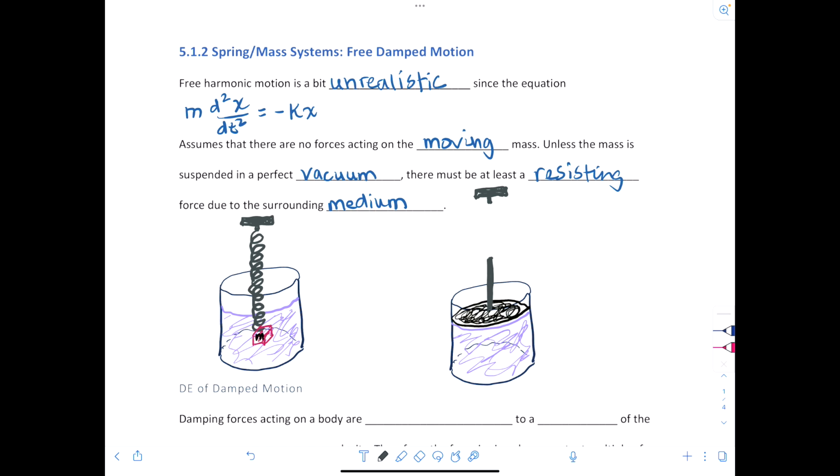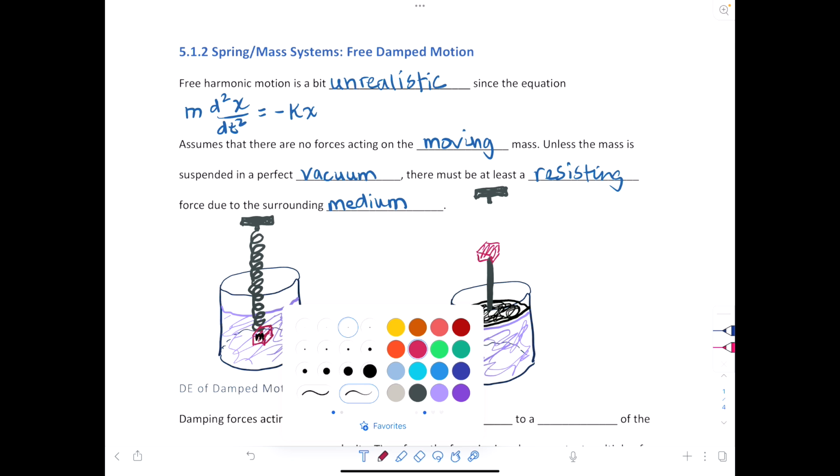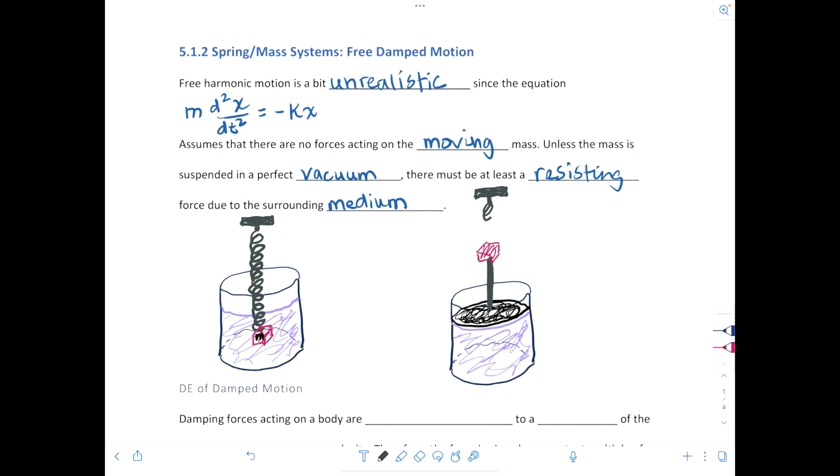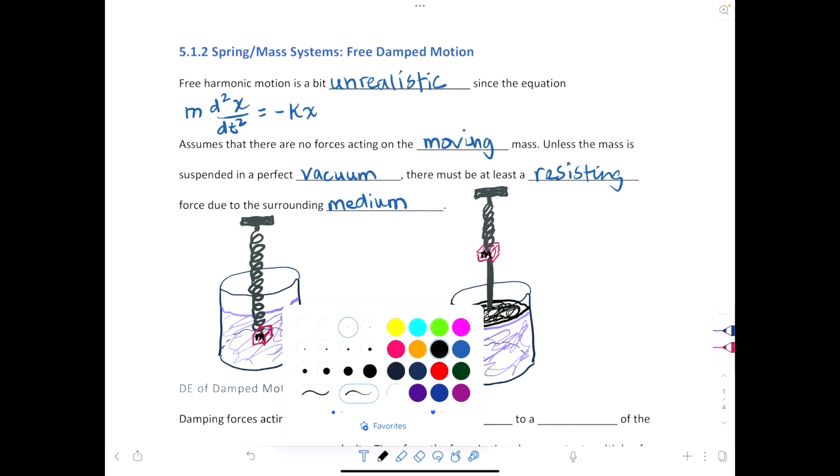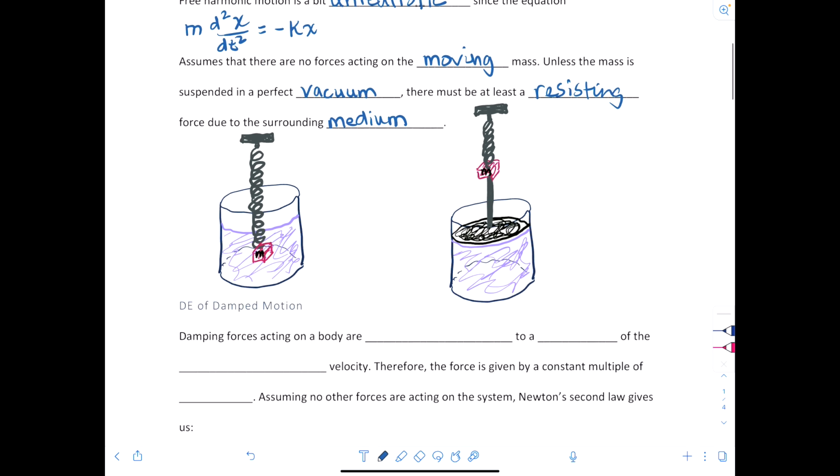The mass is somewhere around here, and the spring connects to the mass. I'll put M for mass right here. A little bit different than before, but that's okay. It gives us something exciting to learn.